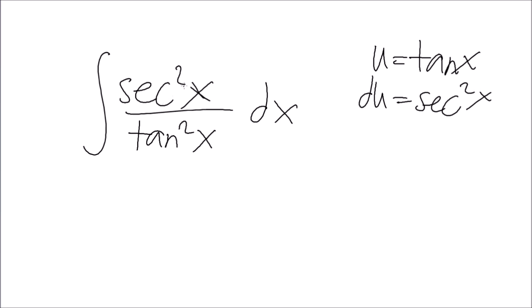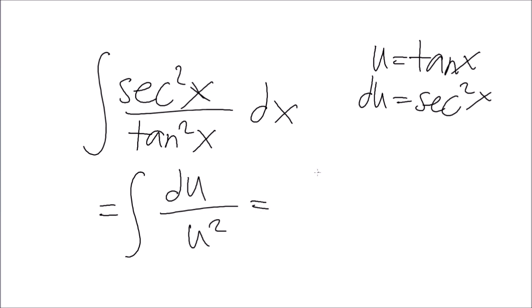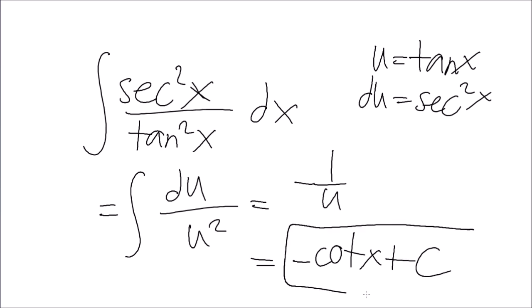We could just take advantage of that, and we get this integral here. So we get du over u squared. This is negative 1 over u. This is just technically cotangent x plus c, and you're good.